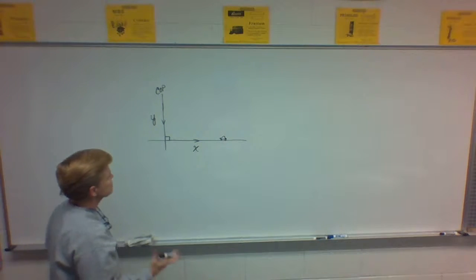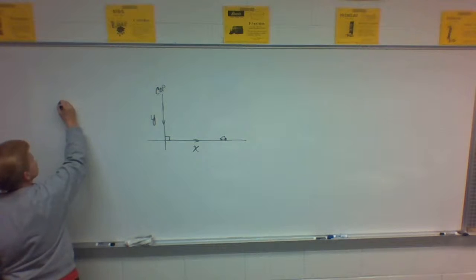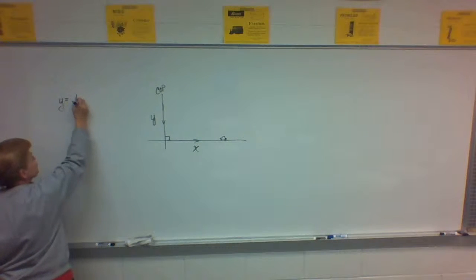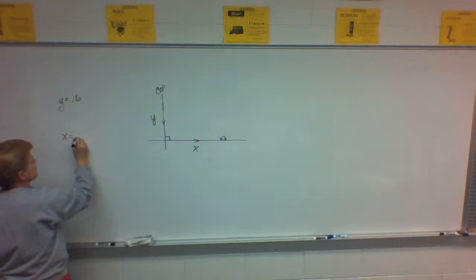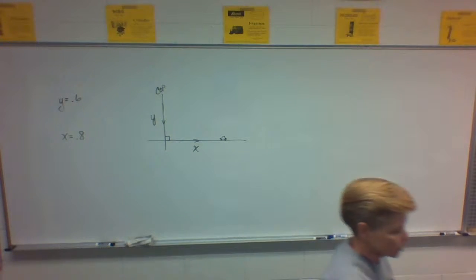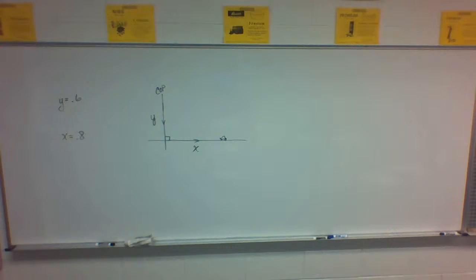So, what is Y when we do want to freeze it? 0.6. What is X? 0.8. Keep track of that over here. Put the variables on here. Don't put those numbers on the picture. Okay?